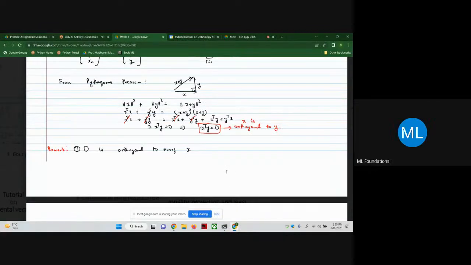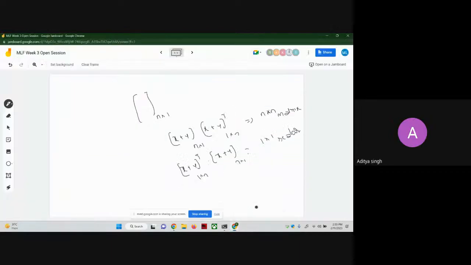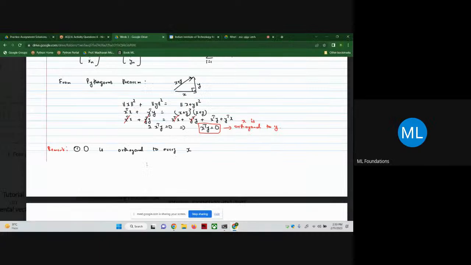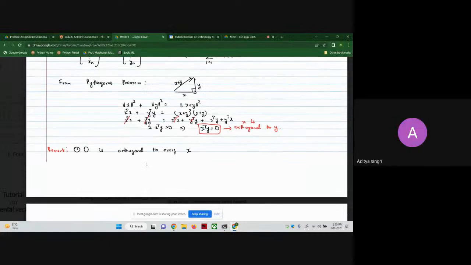I have a question about the slides: why did they remove the 2?